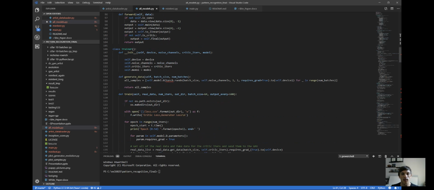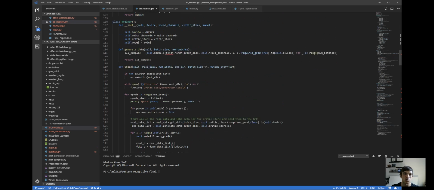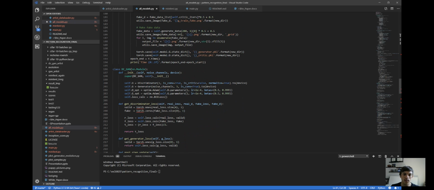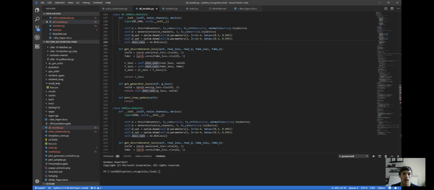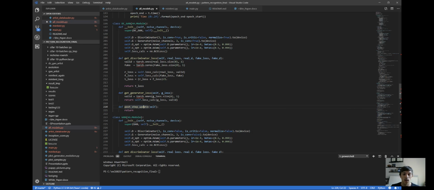I created a generic trainer class that runs the training for all of them. It is assumed with this trainer class that the GAN network will contain a discriminator, a generator, a discriminator optimizer, a generator optimizer, a function that gets a discriminator loss, the generator loss, and a post-step update, which for many of them there is no post-step update.